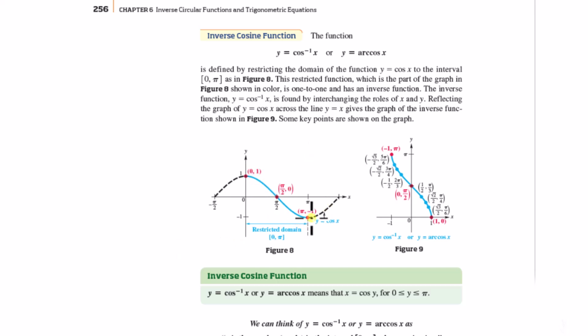If we went a full period, we'd go over all of the y values twice, because you go from 1 to -1 going down, then you go from -1 to 1 going up.